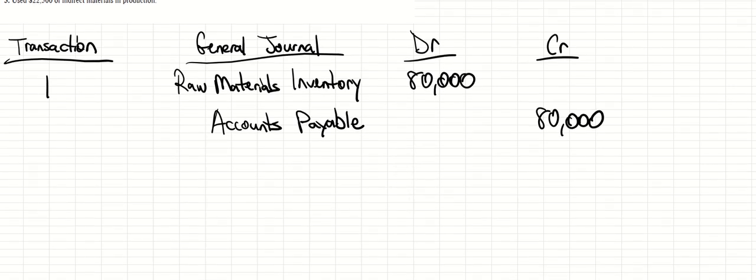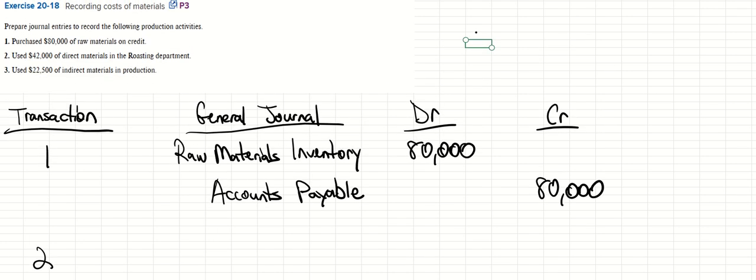Okay, transaction 2. It says used $42,000 of direct materials in the roasting department. So out of this $80,000 of raw materials that was purchased, $42,000 of it was used up in the department called roasting.